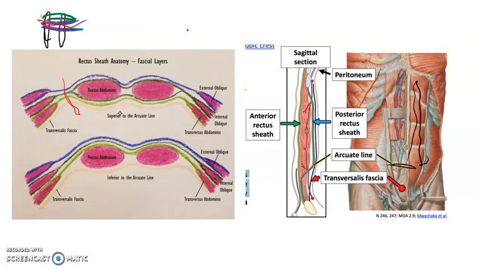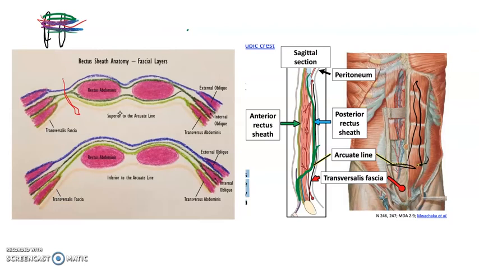If you have these two underneath and the other two on top, and actually the internal comes all on top and below, then by the time we get to the arcuate line, the peritoneum right here ducks under and comes on top.